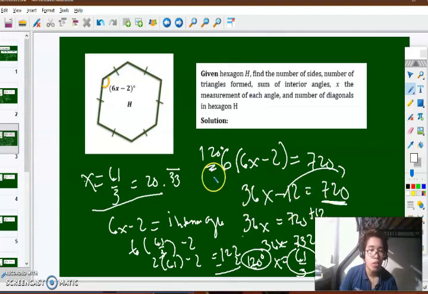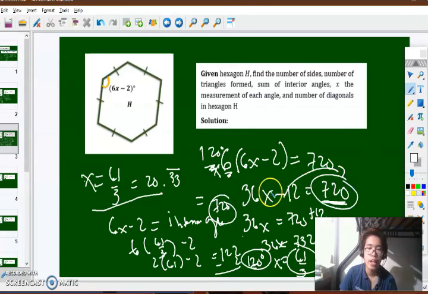To check, we simply multiply 120 by 6, because we have 6 angles, and we get 720 degrees. That proves our answer. Therefore, the measurement of each interior angle for hexagon H is 120 degrees.